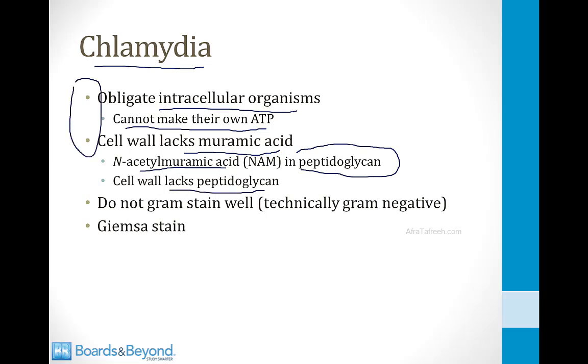For both of these reasons, this bacteria does not gram stain very well. It's technically called a gram-negative bacteria, but the stain that is often used for chlamydia is the Giemsa stain. And remember that the Giemsa stain was developed to identify Plasmodium, which is an intracellular protozoan, so it's very good for identifying intracellular structures, including intracellular bacteria like chlamydia.